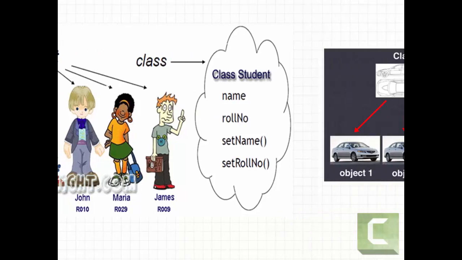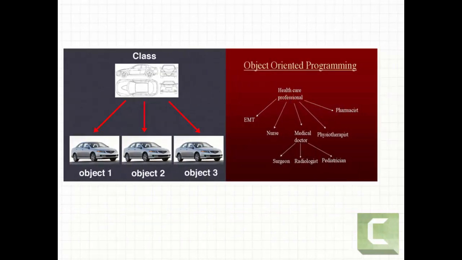If you see here, there is a class called Car, where you have object 1, object 2, object 3. So you can say car 1, car 2, car 3. So each car object is an instance of the Car class.